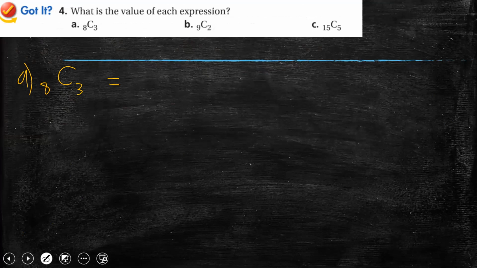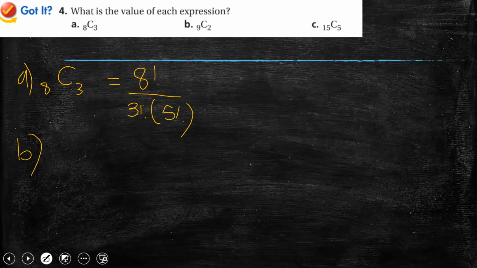Yes, Habiba, what do you have to do? So n factorial, which is 8 factorial, over r factorial, which is 3 factorial, times 8 minus 3 factorial. Exactly. Thank you so much. This is for A. For B, Maya.